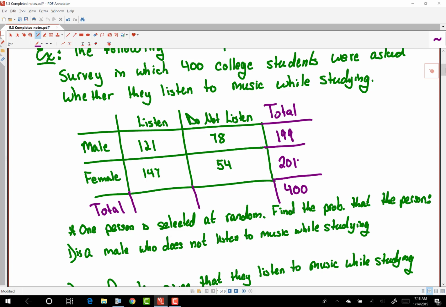Notice how those add to 400. Then the total number that listen to music while studying is 121 plus 147. That's 268. And the total number that do not listen to music while studying is 78 plus 54. That's 132. And again, notice that 268 plus 132 add to 400. So we're going to need those totals as we do these problems.